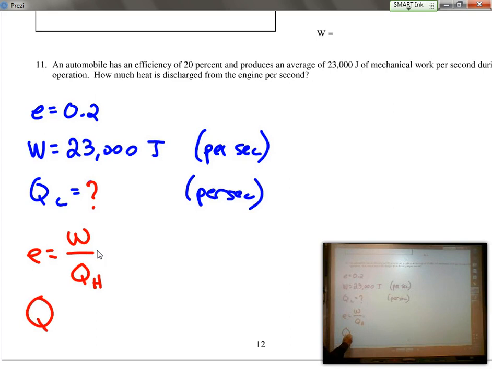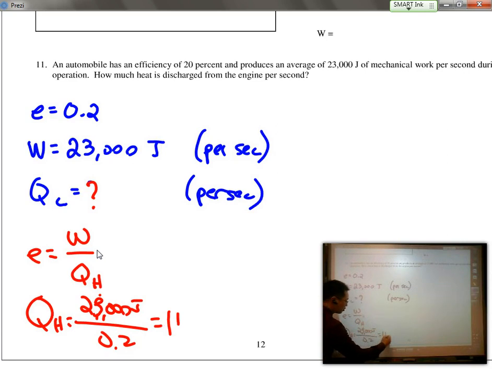So QH is really equal to the 23,000 joules divided by 0.2, which is equal to 115,000 joules.